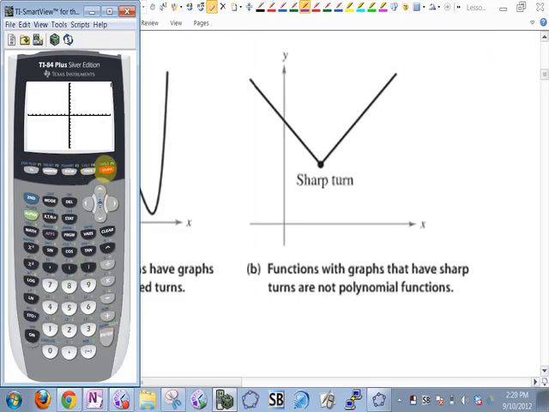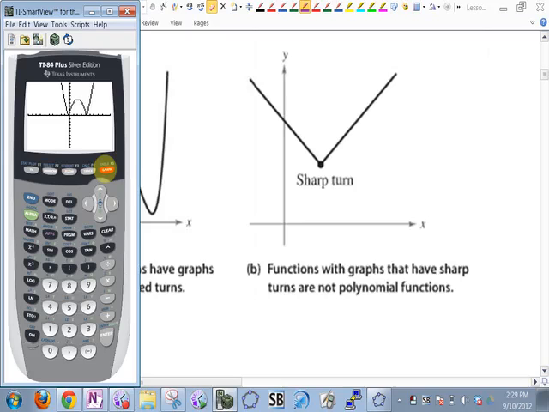Let's see what that graph looks like. Whoa! 2 sharp turns. Is that a polynomial? No way! It's surprising, I actually created one with sharp turns. Okay? Not a polynomial. 2 sharp turns.